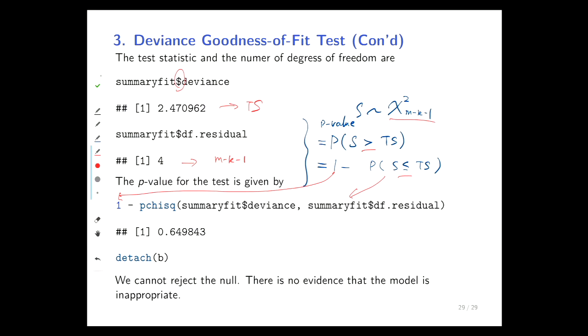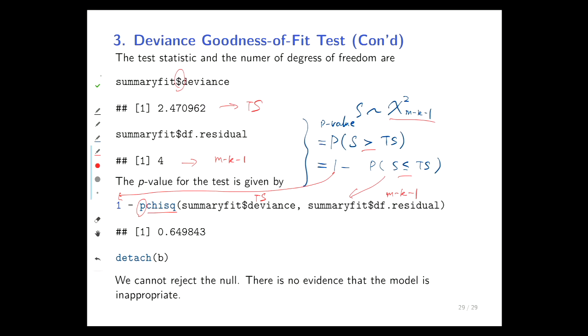So what you need to do here is use the probability function of the chi-square distribution, and input the test statistic, which is the deviance, and the degrees of freedom, which is m minus k minus 1. I think this is the only case in this course where we need to use a formula ourselves to compute the p-value.